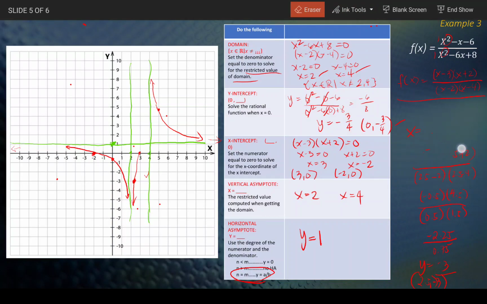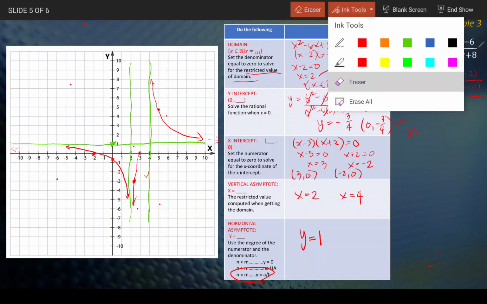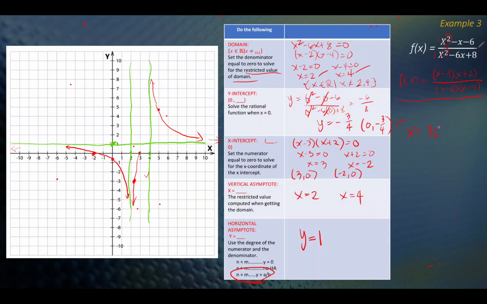So, solve naman natin yung 3.5. X equals 3.5. So, y equals to (3.5 minus 3) times (3.5 plus 2), all over (3.5 minus 2) times (3.5 minus 4). So, 3.5 minus 3 is actually 0.5, and then 3.5 plus 2 is 5.5.